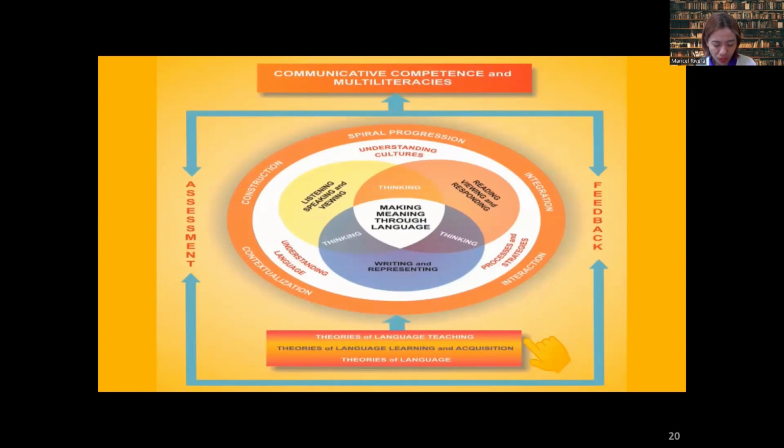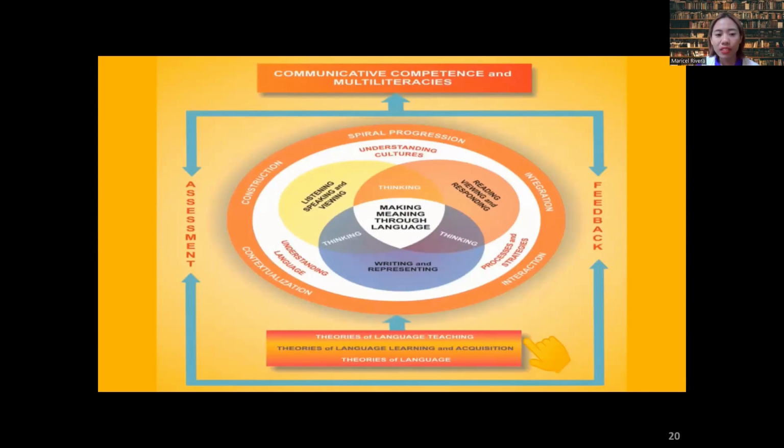Language learning materials development, yeah, that's the subject that we had previously, and we already explored a few theories. So that is the very basic foundation of the English curriculum guide being distributed and used.